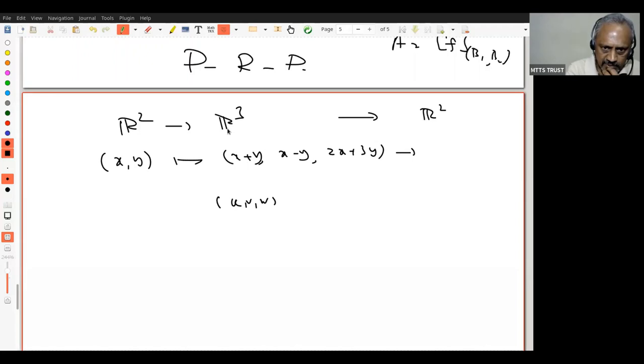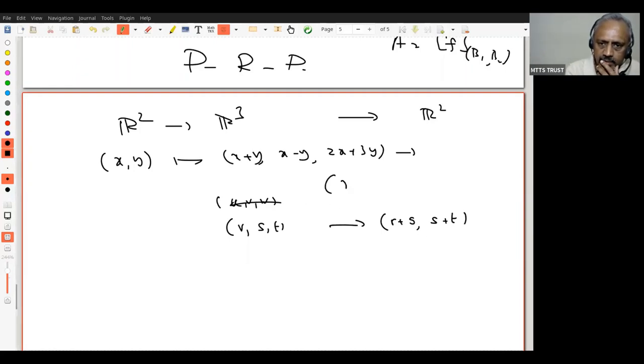Okay, let us make it r, s, t. These are the coordinates of R3 to R2. So that may be something like r plus s plus t. That means this will be x plus y plus x minus y. That is the first, and the next one will be x plus y into 3x. That is 3x plus 4y.